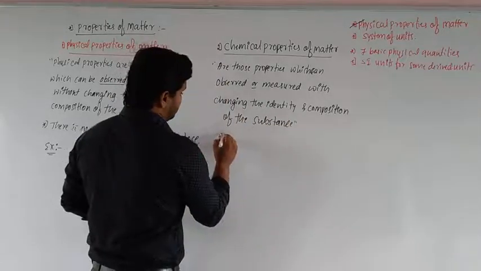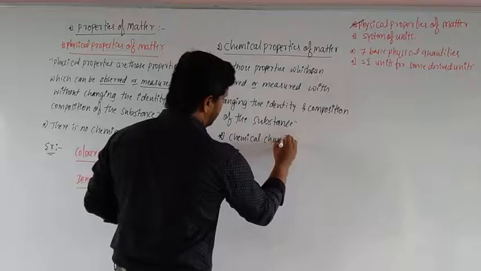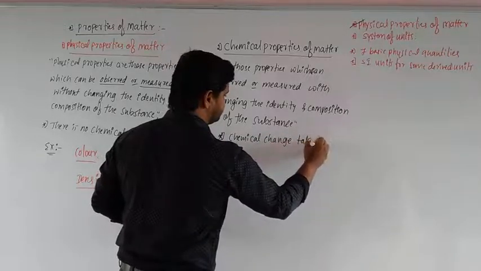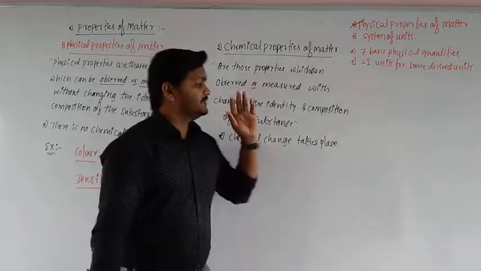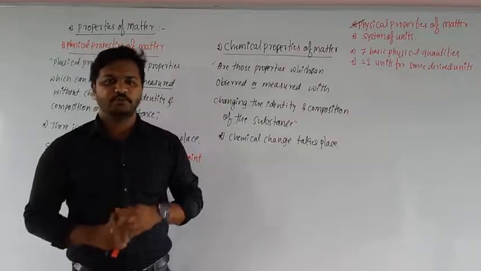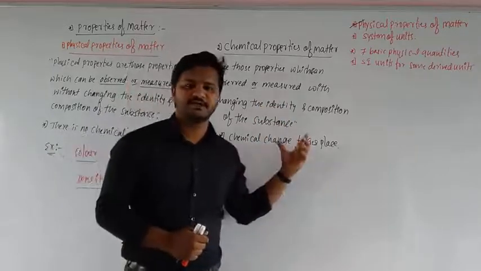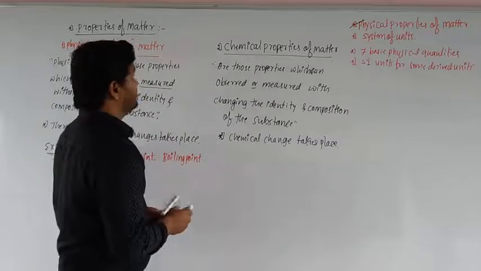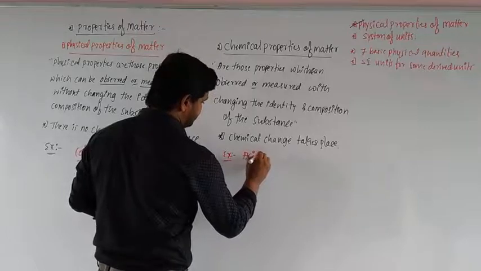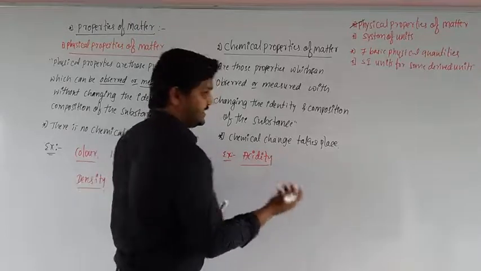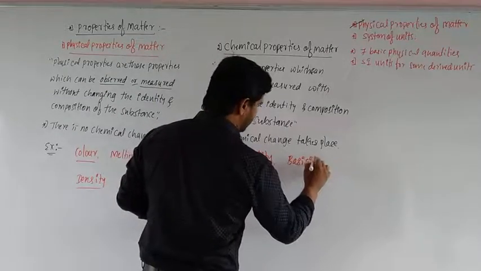Here chemical change takes place. So students, chemical properties are the properties which can be observed or measured with changing the identity and composition, but here chemical change takes place. Examples for chemical properties of matter are acidity and basicity.